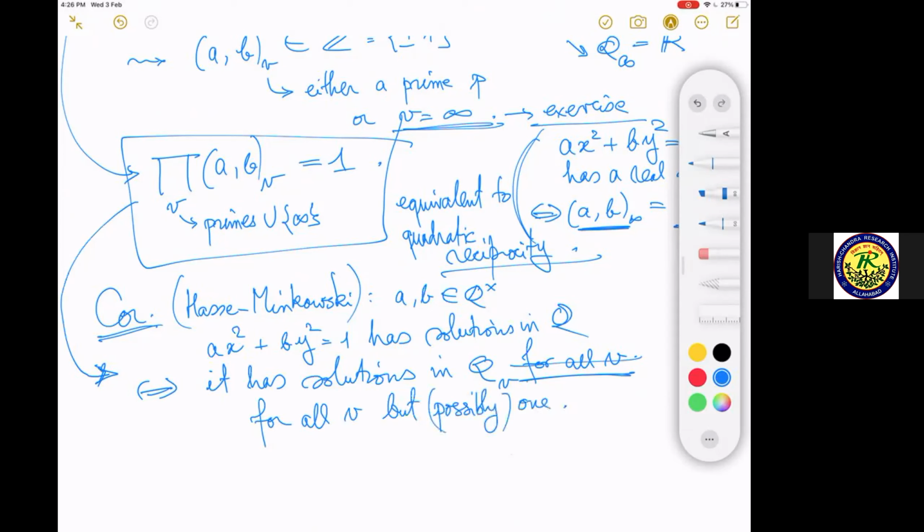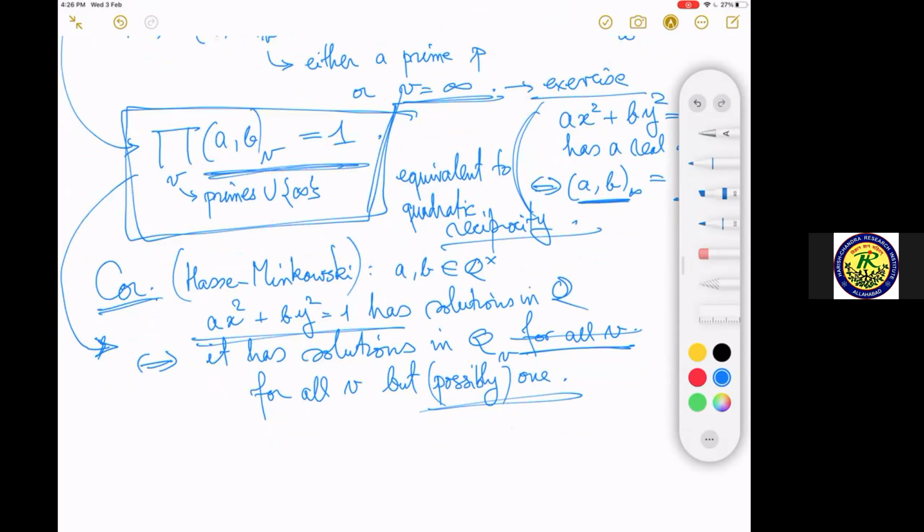Meaning, I don't need to check it for all v. If I check it for all v except one for which I don't want to check it, it is still fine. It'll have to have a solution in Q. Why is that? That's because the remaining one is automatically determined by the values at the other v's.